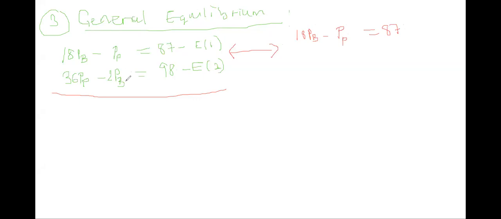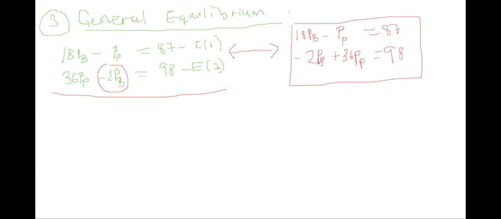So I will bring this first: minus 2 times the price of beef, then plus 36 times the price of pork equals 98. I just want to make sure that the same variables are arranged vertically.